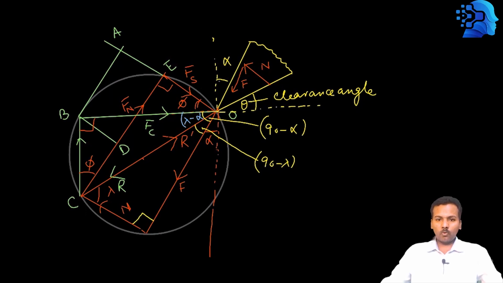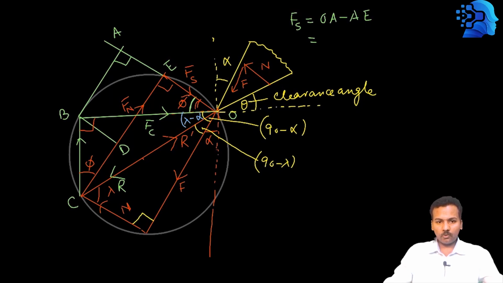Now let us calculate this force Fs. This Fs force can be written as equal to this value of OA minus AE. Here this is 90 degrees. In triangle OBA, this OA is equal to this Fc, the horizontal component of Fc.